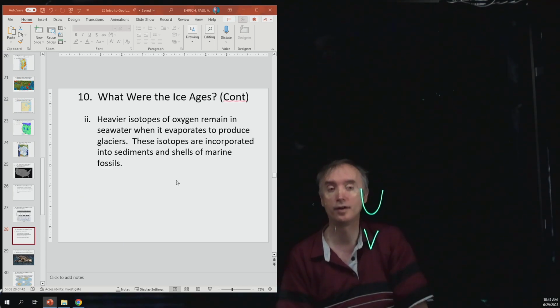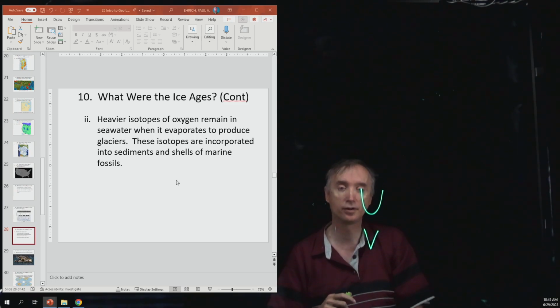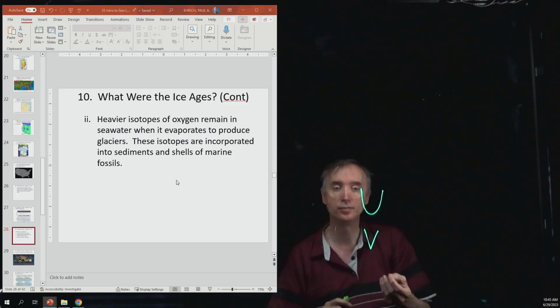Okay, another line of evidence has to do with isotopes. An isotope is a particular element that has a different number of neutrons in its nucleus. Some elements have more neutrons in their nucleus, which means it's a heavier isotope.